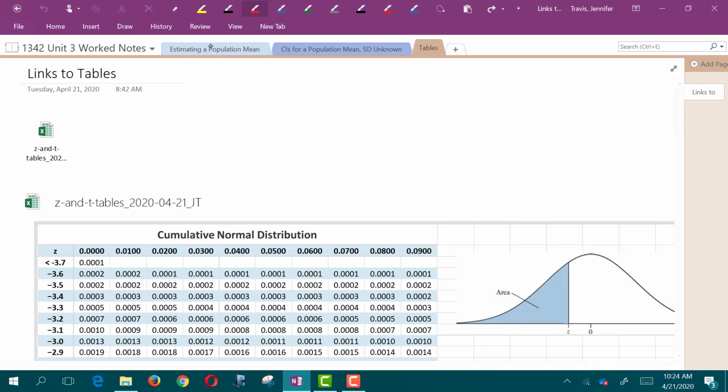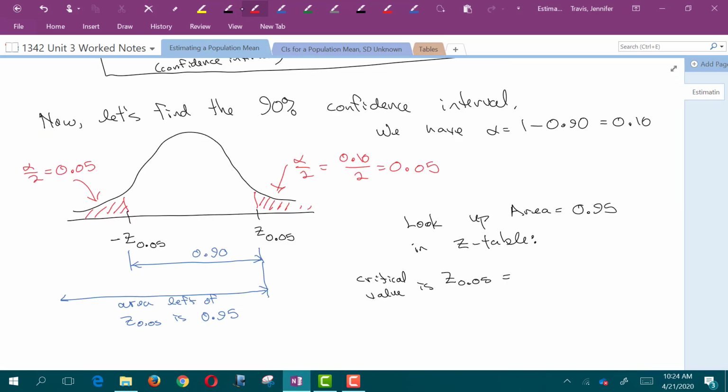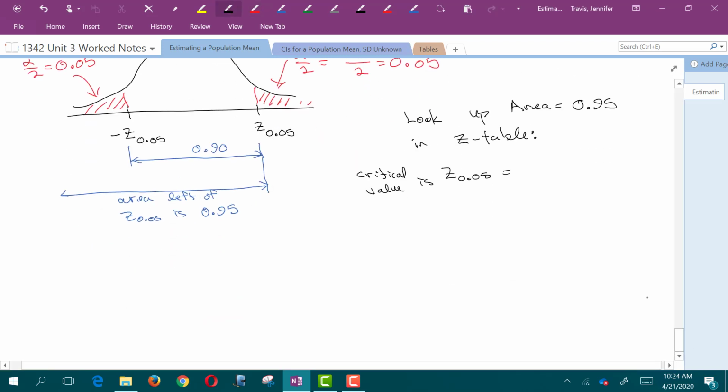Okay, so let's come back. So basically the area equals 0.9495 gave me a z-score of what? 1.64, and the area equals 0.9505 gave me a z-score of 1.65.